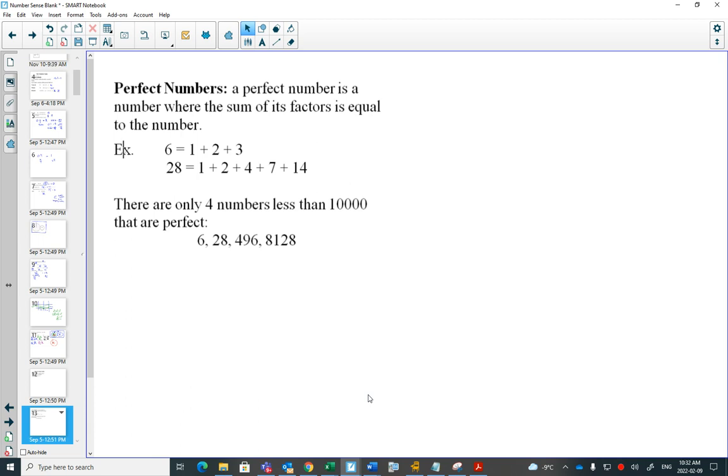And it's interesting that the perfect numbers, there's not very many of them. 6 is the first one. 28 is the second, but there are only 4 less than 10,000. And if you Google it, you could find higher ones. There are some competitions out there amongst mathematicians about who can find the highest prime number.